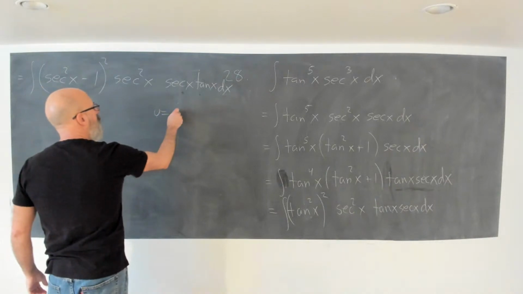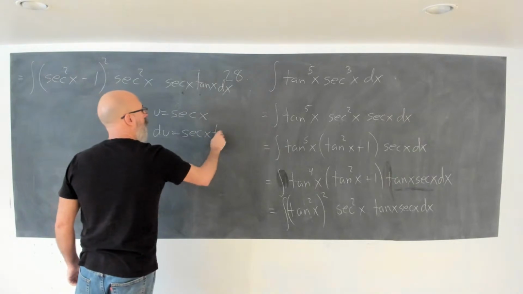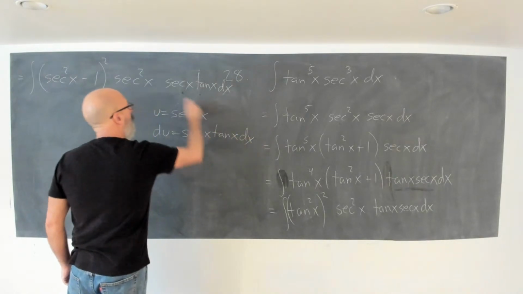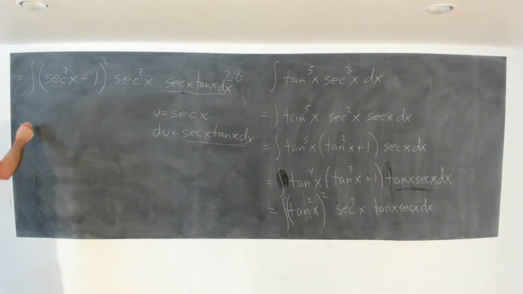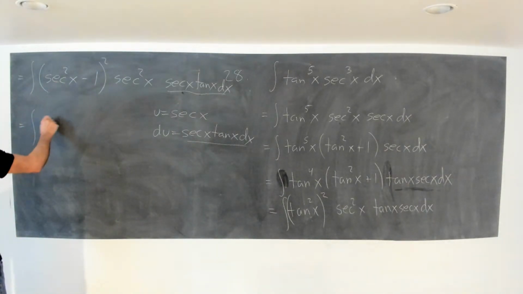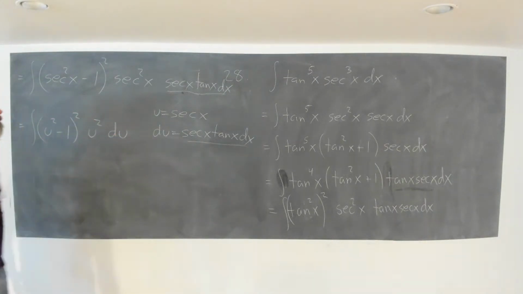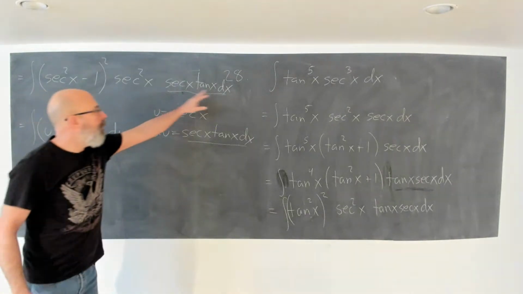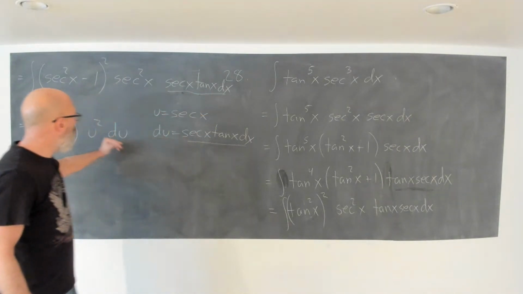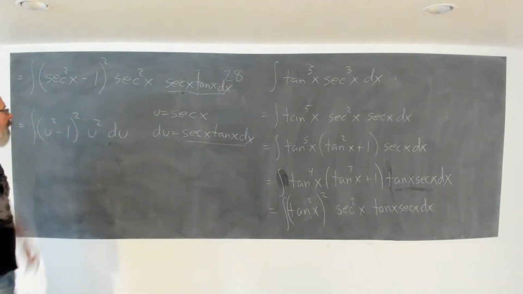So if you let u be secant, then du is secant tan, and we're in business. Right, the secant x tan x dx is your du. U squared minus 1 all squared, u squared, there it is.